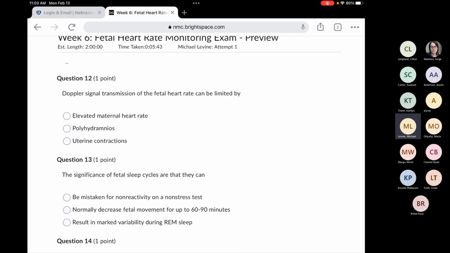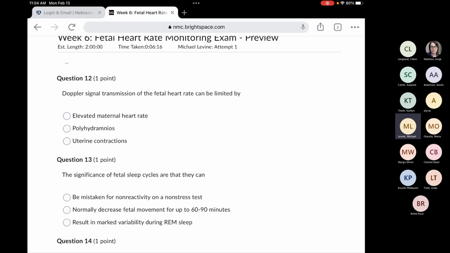Well, we have to understand that the Doppler signal is transmitted through amniotic fluid. And if there's too much amniotic fluid, the signal can be weak or not transmitted appropriately. So Doppler depends upon the amount of amniotic fluid to get to the point of origin, which is when we do umbilical cord monitoring, and also fetal heart rate monitoring.